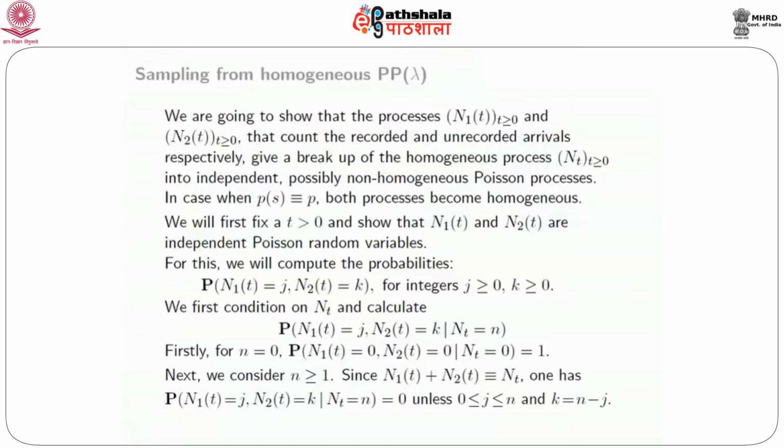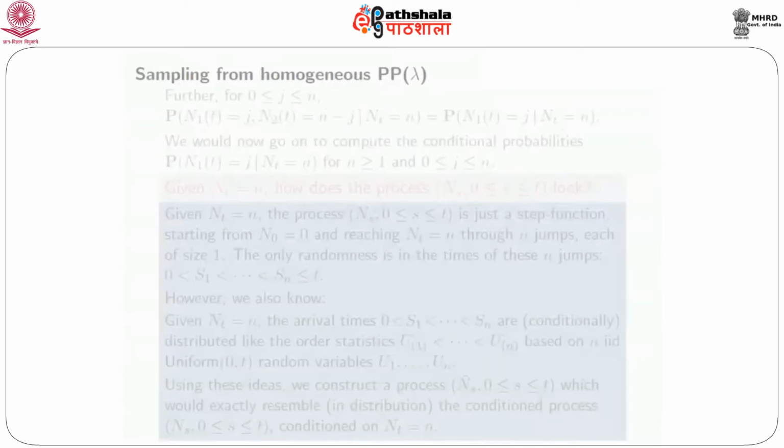Therefore, this conditional probability that N1(t) equal to j, N2(t) equal to k, given N(t) equal to n would be 0 unless j is an integer between 0 and n and k is just n minus j, because given N(t) equal to n, the possible values of N1 can only be from 0 up to n, in which case the possible value of N2 would be simply n minus whatever the value of N1 is.